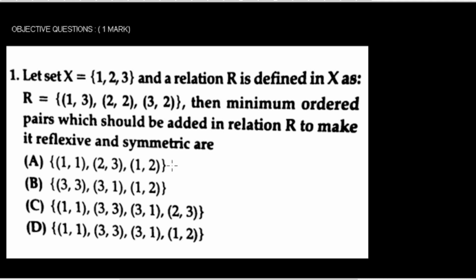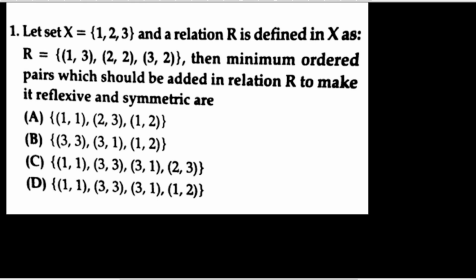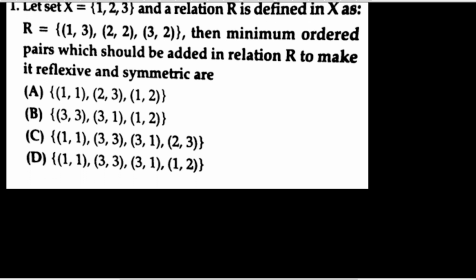So in this question, they are asking us to make the relation reflexive and symmetric. We know about reflexive. Reflexive is nothing but a mirror reflection of its own, so if we have 1, then (1, 1) has to be there. Here, (2, 2) has been given, so that is our reflection.